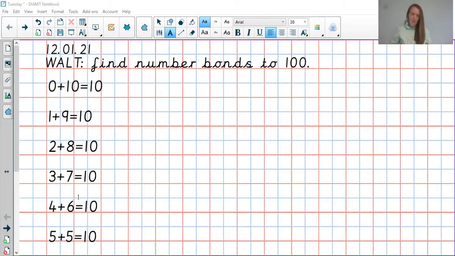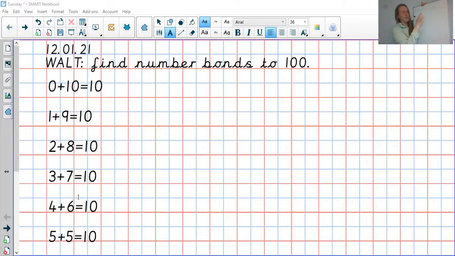And we can do that because we know that if we times the number by 10, we have to add on a 0. So just on the whiteboard here, I'm going to make those calculations that are on the screen into the number bonds to 100 using multiples of 10 only. So if I just turn it up this way, 0 add 10 becomes 0 add what?